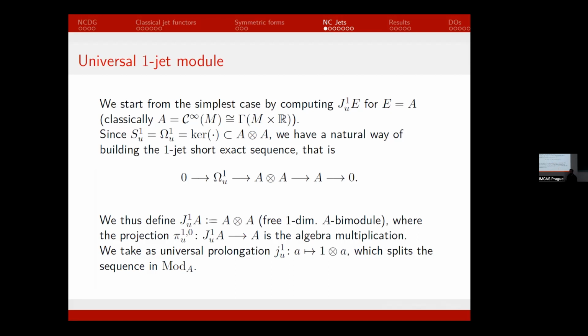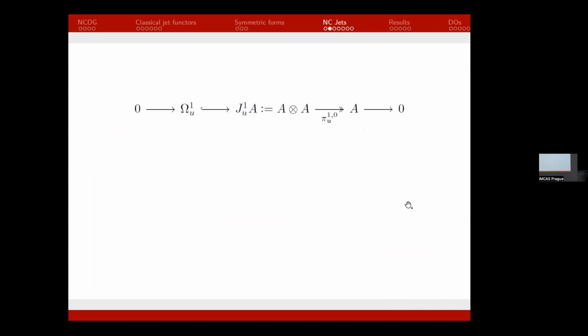We won't write A-linearity for it to be compatible with sections whenever I substitute A with B. We'll see it later in specific cases. So now we have the universal short exact sequence, and what we want to find is a generic one jet exact sequence.